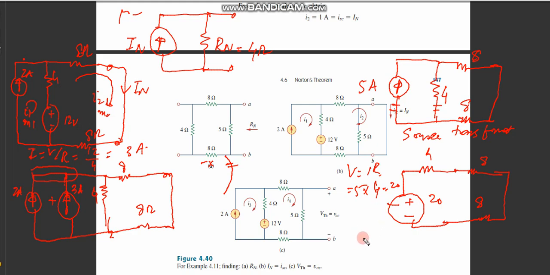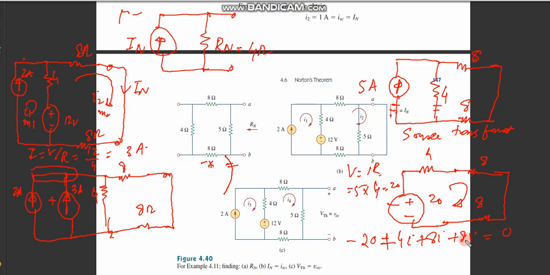So it means that if I apply a KVL over here in this loop, it will be minus 20 plus 4i, then plus 8i plus 8i equal to 0.